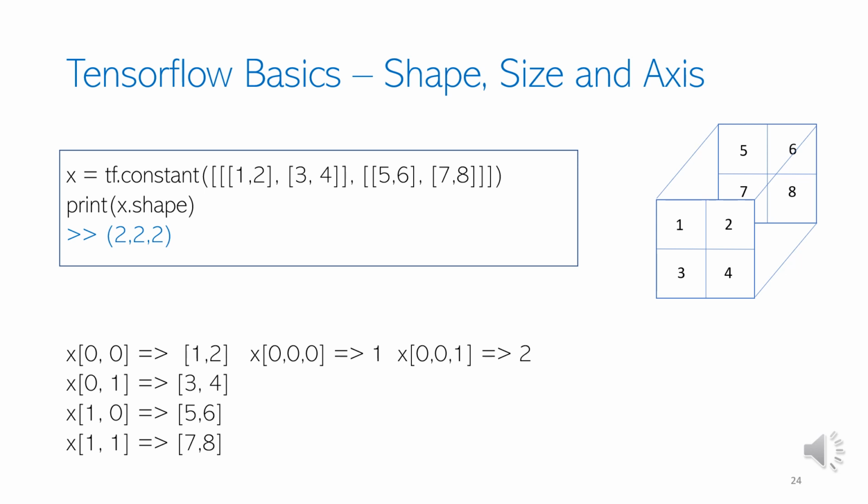So indexing tensors in TensorFlow is pretty much the same as array indexing in NumPy. So if you're familiar with array indexing in NumPy, like advanced indexing, like Boolean indexing, you're good to go. So they're pretty much the same. And here you can see a very simple example.